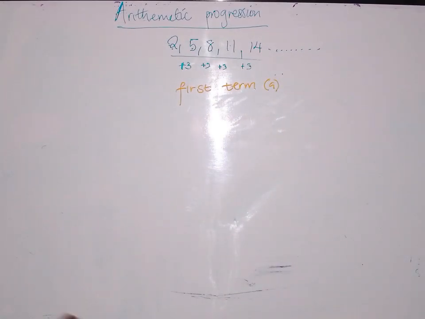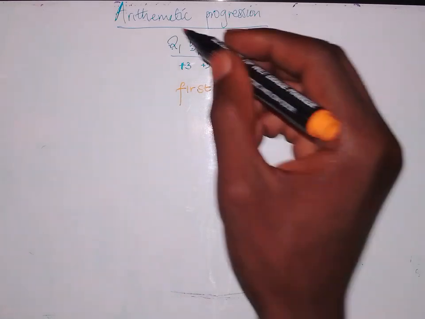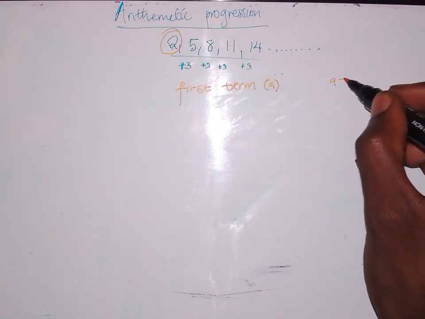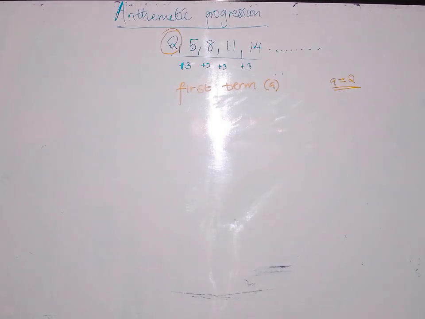What do we mean when we say the first term? The first term is the term at the beginning of every sequence. In our case, our first term is 2. So you can say a is equal to 2 in our example.